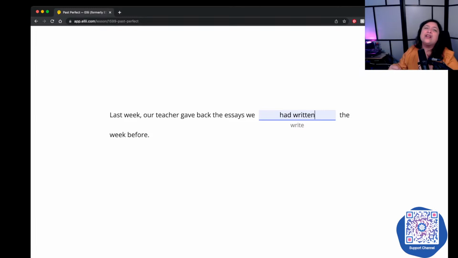The generic rule, though, that I could share with you, is that with regular verbs, the past participle will have the same endings as the simple past verbs, the same conjugation.